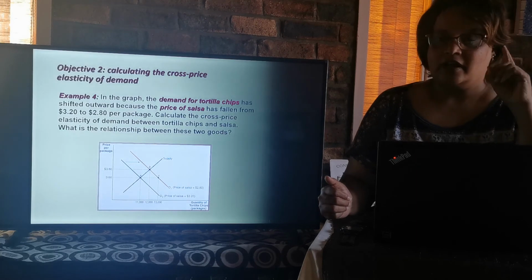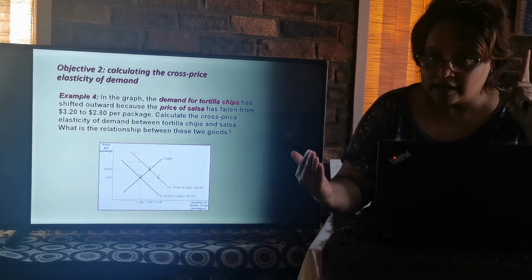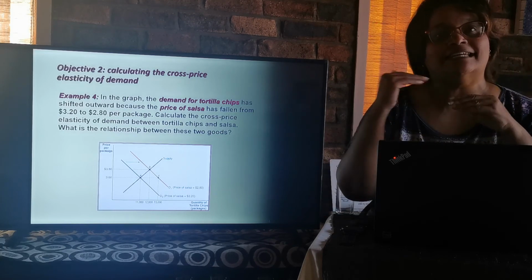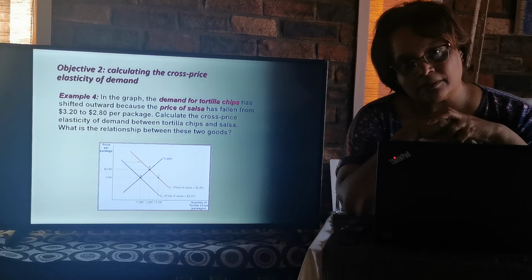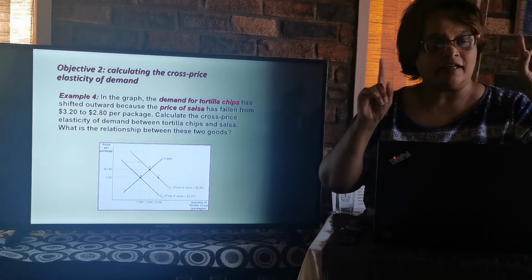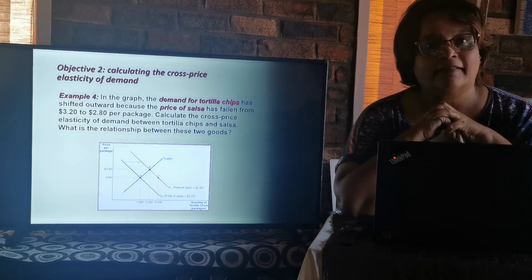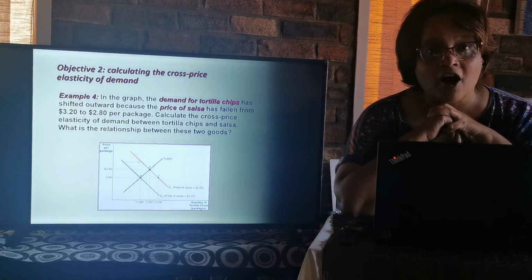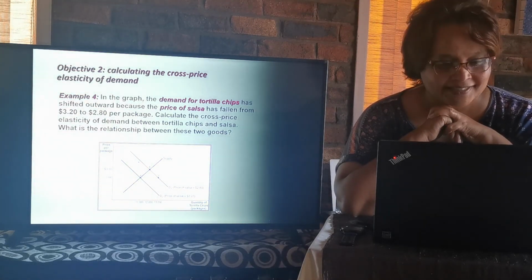So an increase in price of one good, tortilla chips, leads to a decrease in the demand for the other good, the salsa dip. One goes up, one goes down, an inverse relationship, negative coefficient. And that means those two goods are complementary goods, or they are complements.